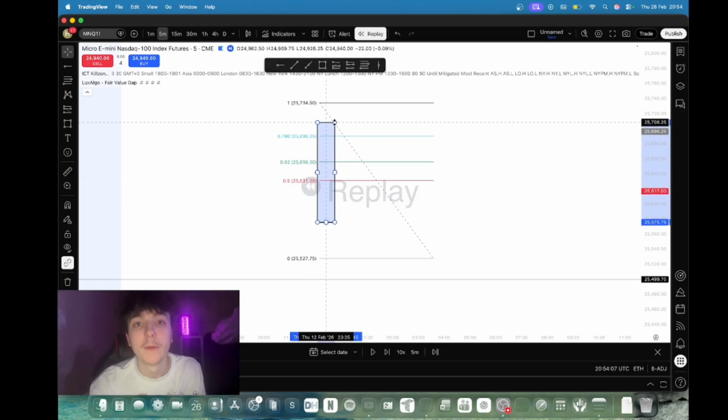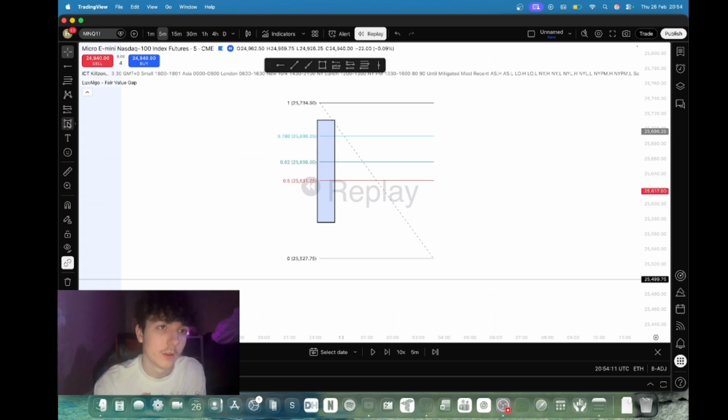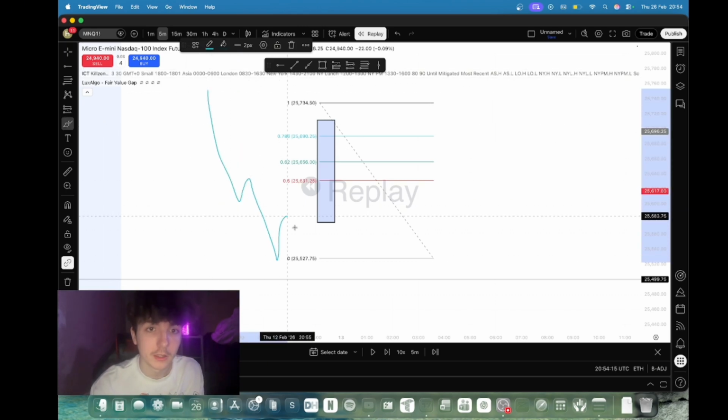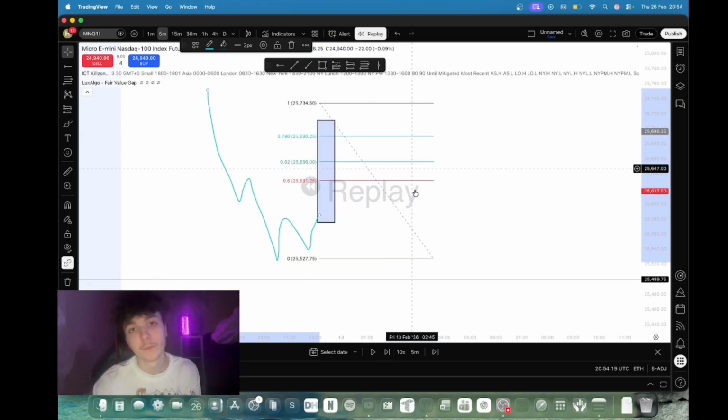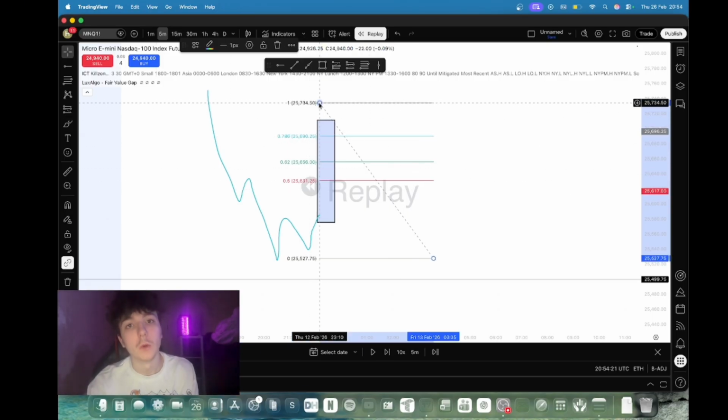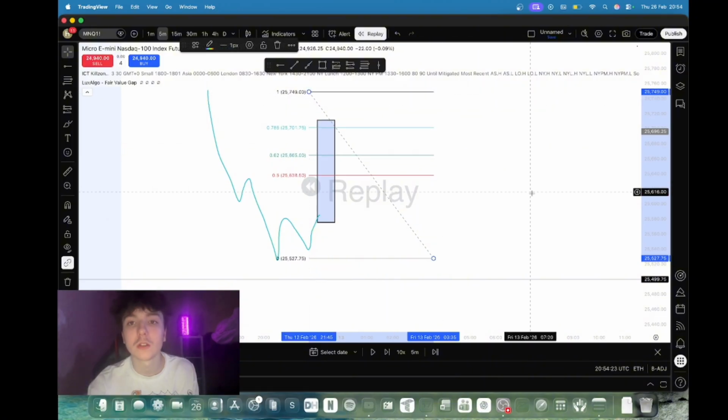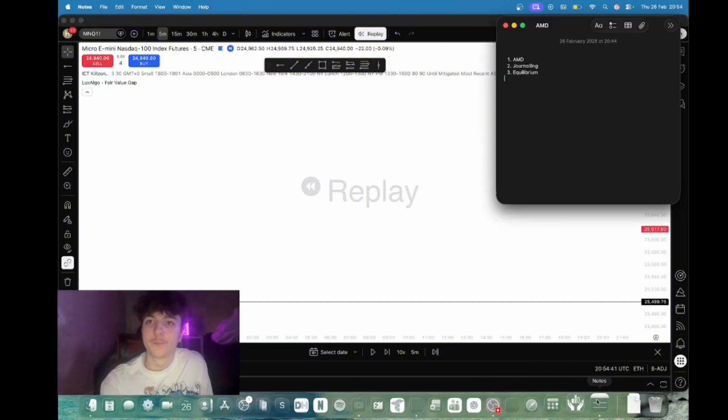But if it comes up and closes above the 78% of this move down, for example, we go into this candle and it closes above 78%, that tells us we're not looking to take this trade, it's looking to go in the other direction.